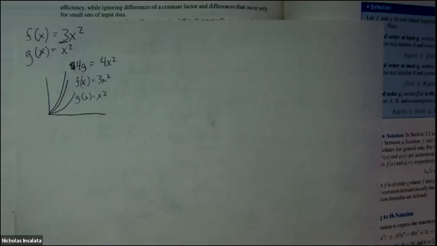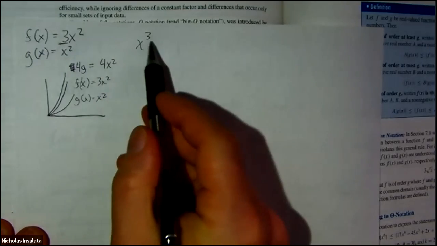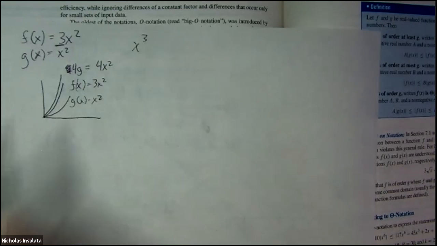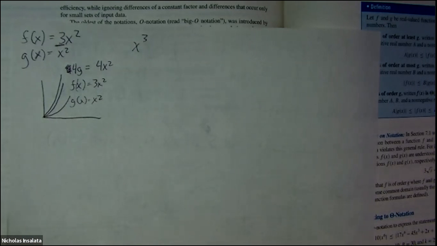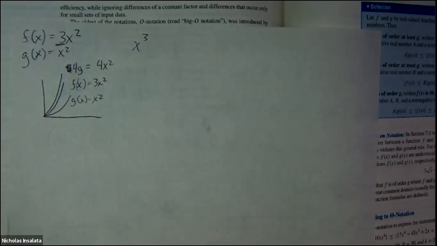If I'm talking about x cubed, for example, it's not even that big of a power, it's only cubed. I have this algorithm that's an x cubed algorithm, okay? The amount of time that it takes the algorithm to complete is the size of the input cubed is going to give us the amount of time involved, right?